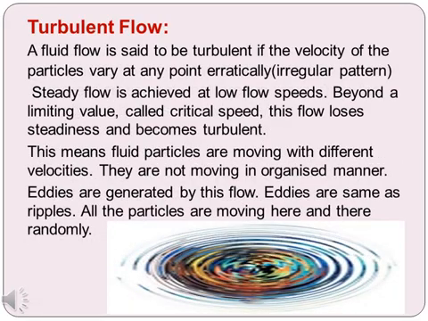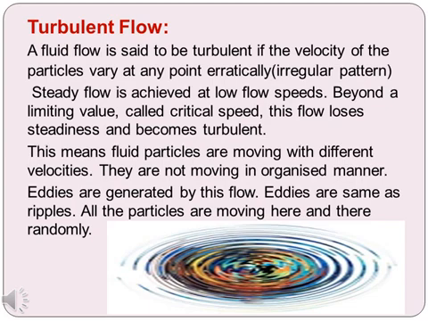Now let us discuss turbulent flow. It is the second type of fluid flow. What is turbulent flow? A fluid flow is said to be turbulent if the velocity of the fluid particles varies at any point erratically.